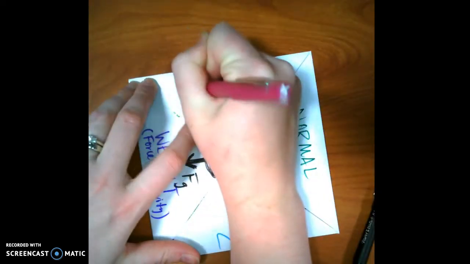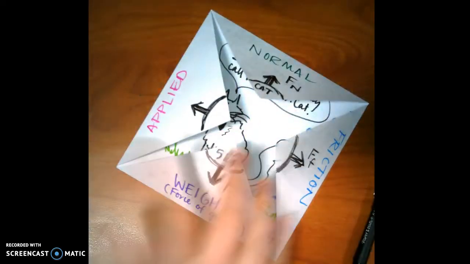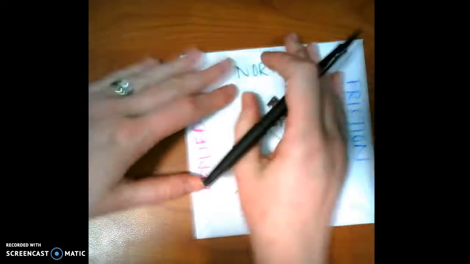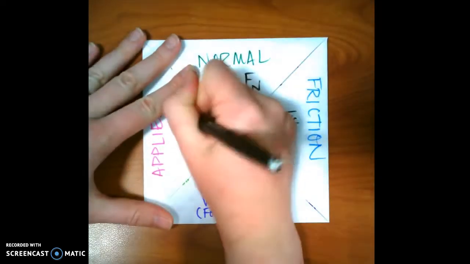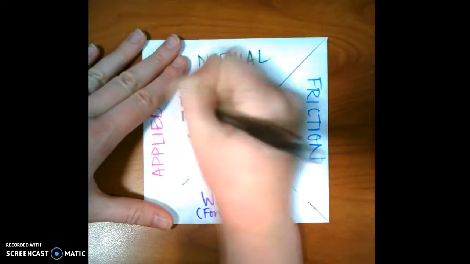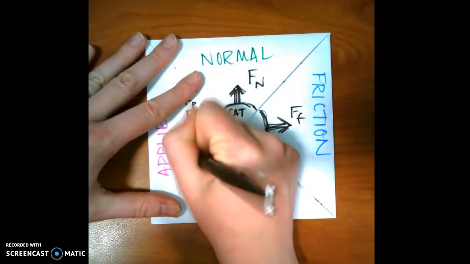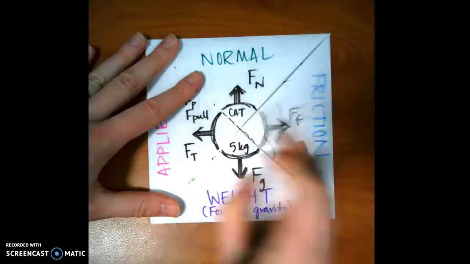Now, applied force can have all sorts of names. Let's think about what we could name this force right here. It's the force of our pull. We could abbreviate that F with a little p. If we were using a leash, there would be tension in our leash, right? We could be defining that as the force of tension.